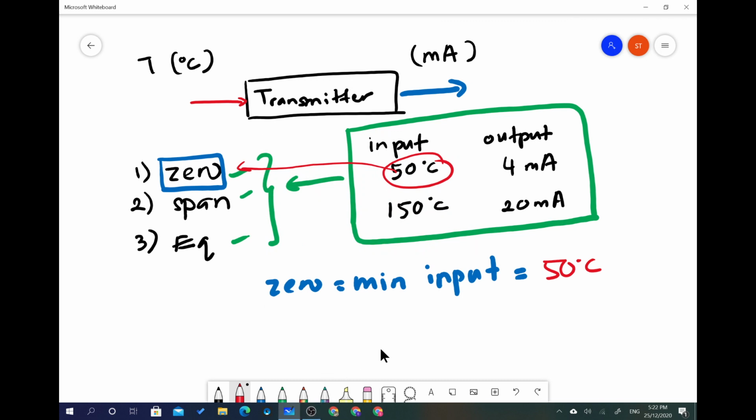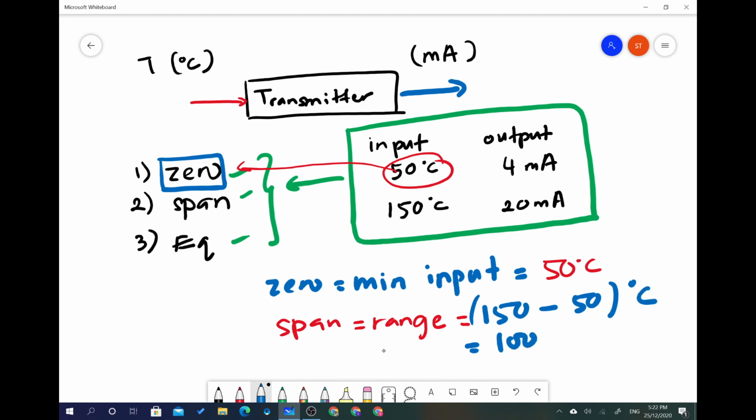So how about the span? The span is basically the range. The span is equal to the range of input, which here is 150 minus 50. Don't forget the unit.